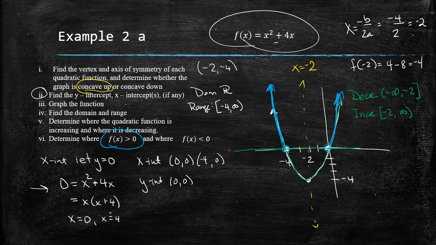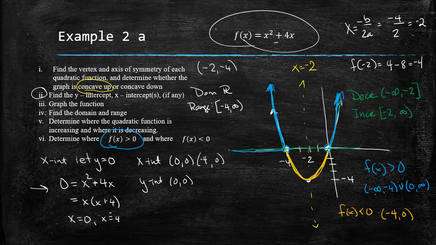So f of x is greater than 0 if I'm in the interval negative infinity to negative 4, union 0 to infinity. And then f of x is less than 0 if we're in between our two x-intercepts. So that would be from negative 4 to 0.